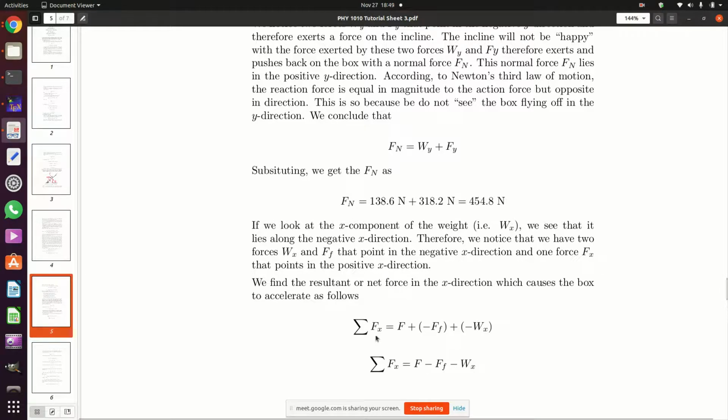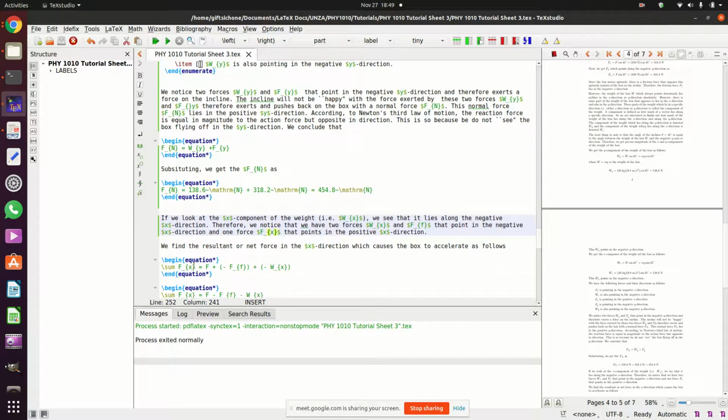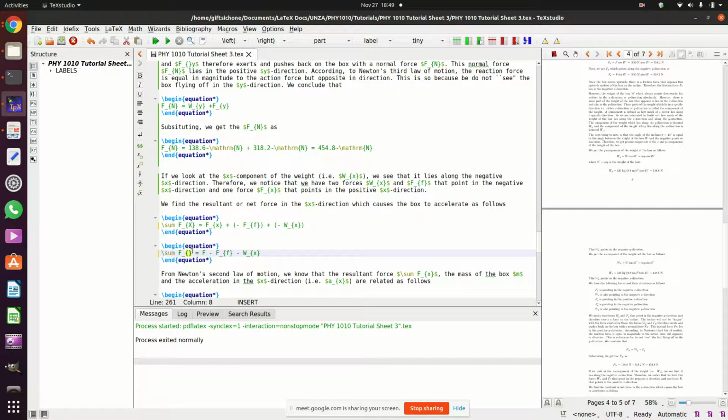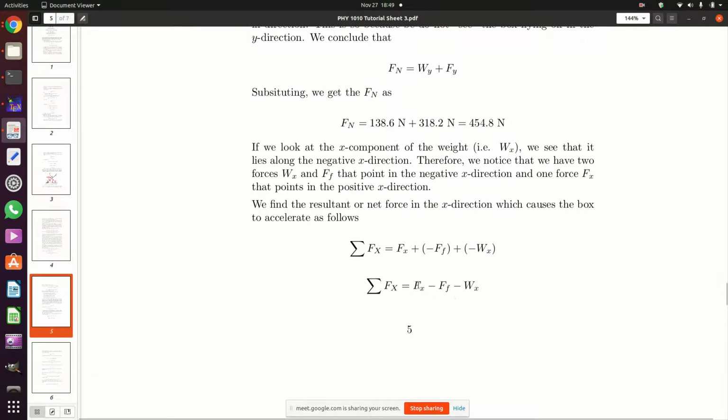So the resultant force in the x direction is going to be what? How do I distinguish Fx? Maybe I need to write capital X. Let's see how that looks. Okay, so in the x direction, this is what we got. We have Fx positive, minus Ff.